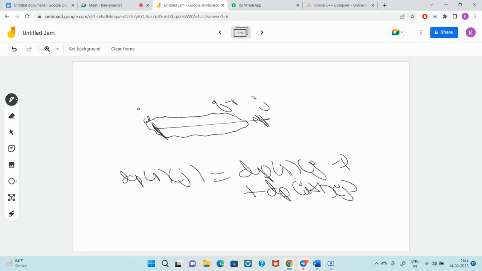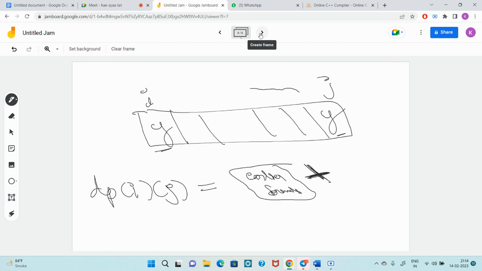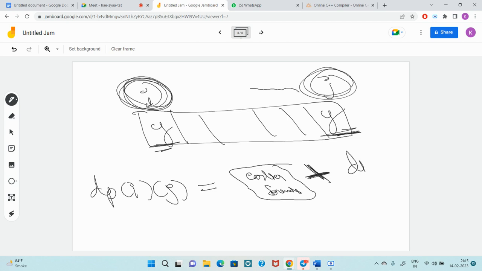But you never considered the subsequences wherein both i and j are involved. Why? Because these both were not matching, but now they are matching. It means dp[i][j] is nothing but the earlier formula plus dp[i+1][j-1].